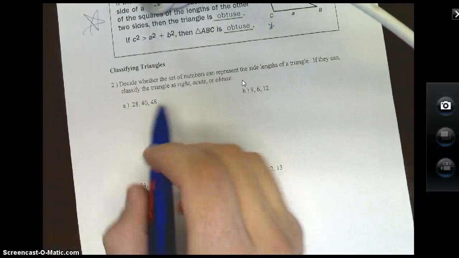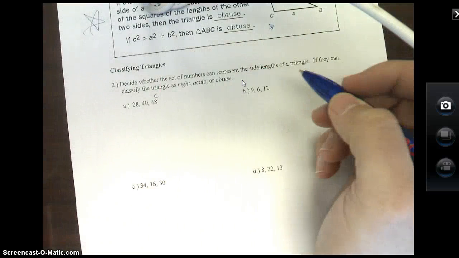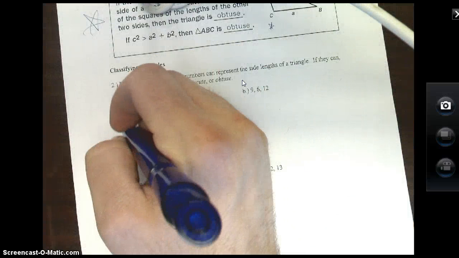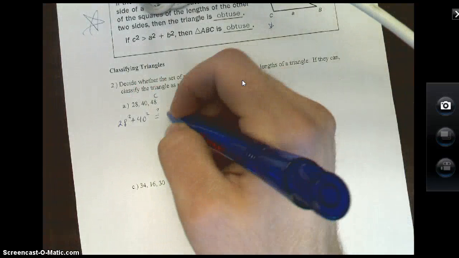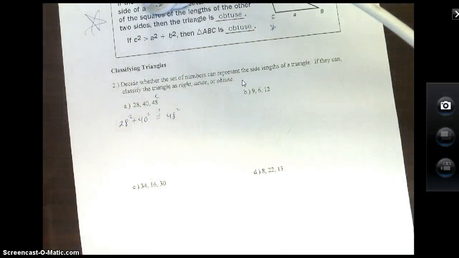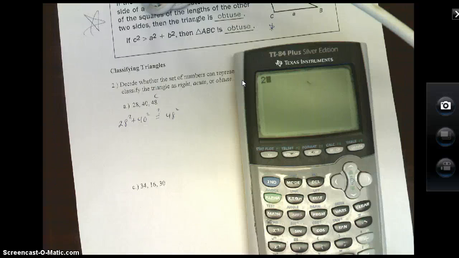Here we go. Look for your largest side. In this case, 48. So we're going with 28 squared plus 40 squared, and we're trying to see, I'm going to put an equal sign with a question mark over it, 48 squared, because I don't know, I'm trying to find out. Let's do a little bit of calculator work here. 28 squared, 40 squared, 48 squared.